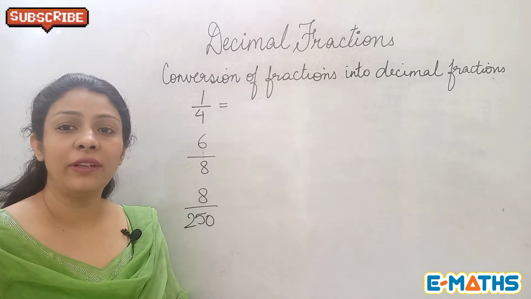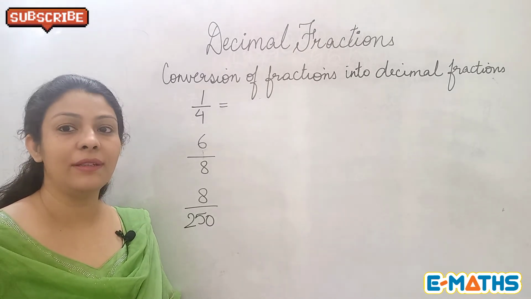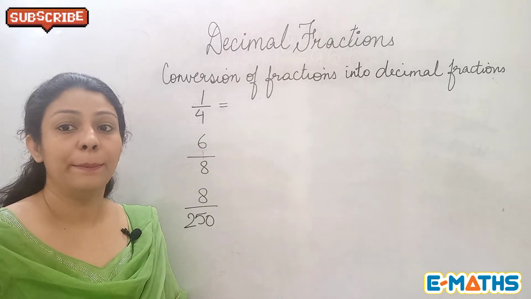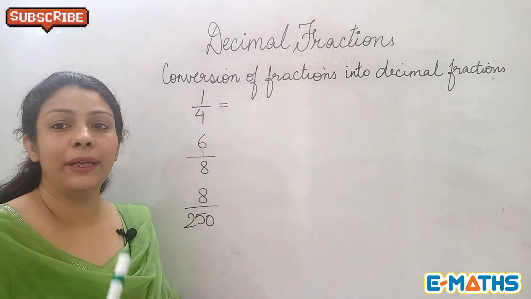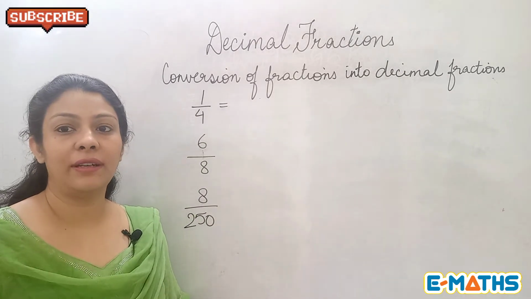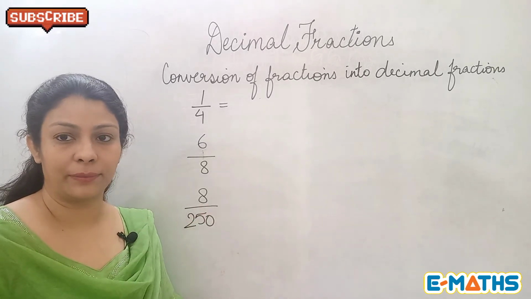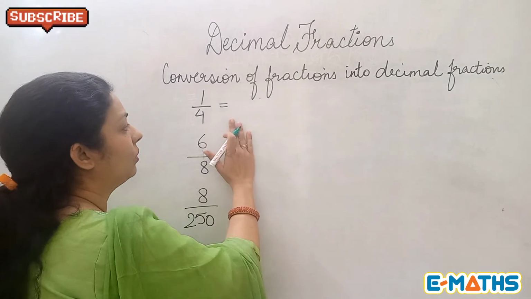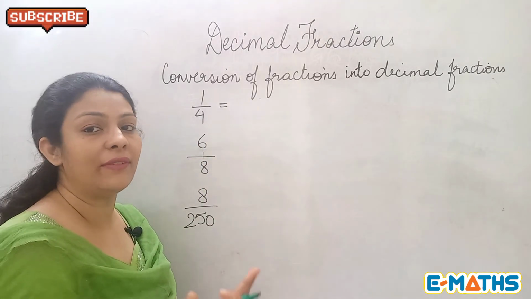Alright, now I've written few more questions. In these, we don't have the denominators as 10 or higher power of 10s. But if we see the denominators, we can make them 10 or higher power of 10s. As we have already studied about equivalent fractions, here we are going to apply that. Now, as we all know that 4 when multiplied by 25 will give us 100.